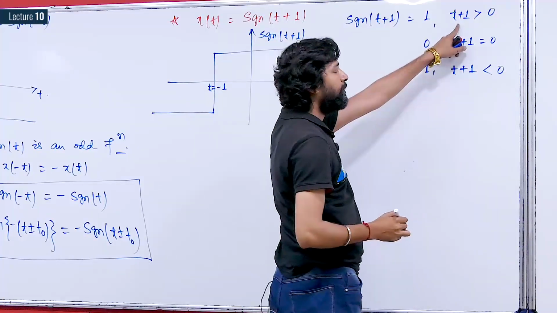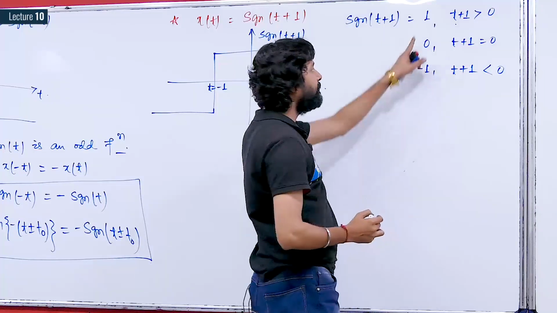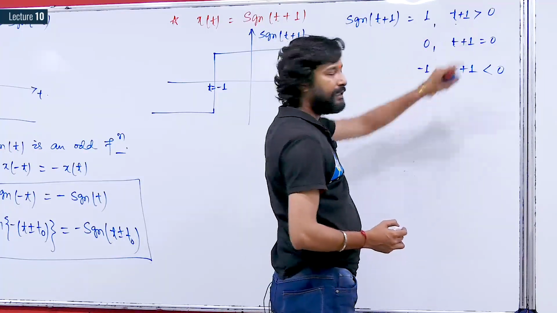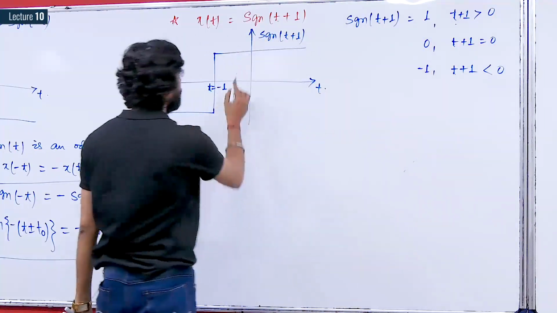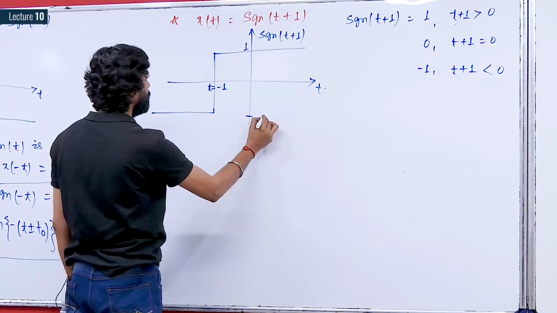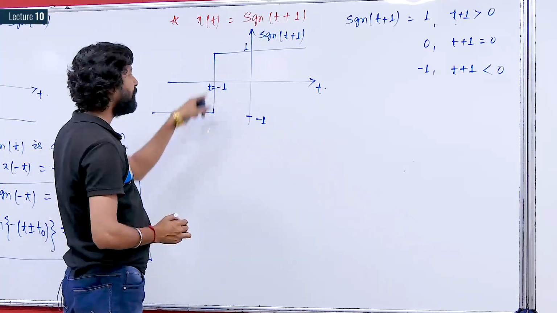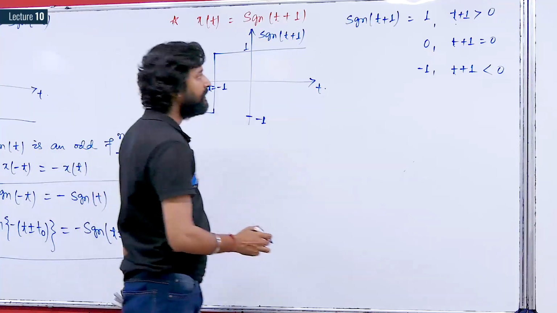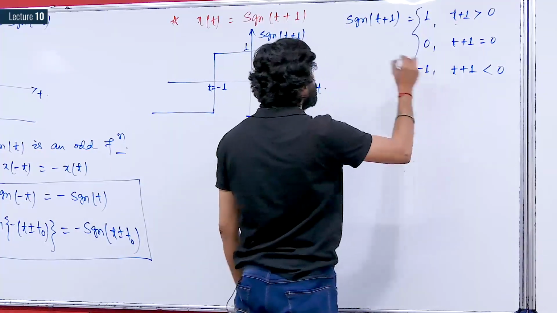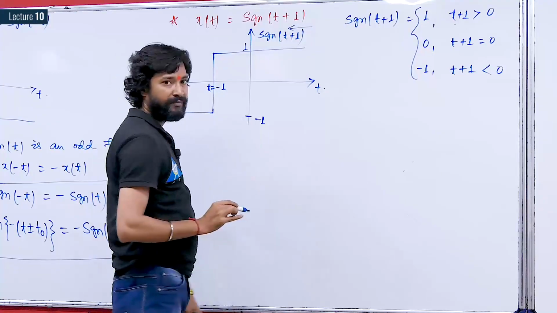From here you will find the value t equals minus 1. So, the signal will be plus 1 for t greater than minus 1, that we have plotted here. It is minus 1 for t less than minus 1, and it has value 0 at t equals minus 1 from this relation. So, both the definitions can be used, or you can directly perform operations moving from right to left.